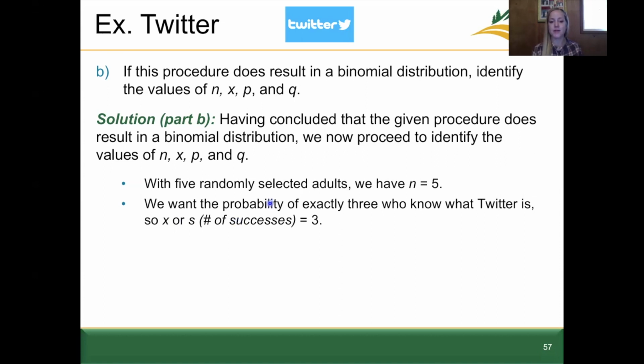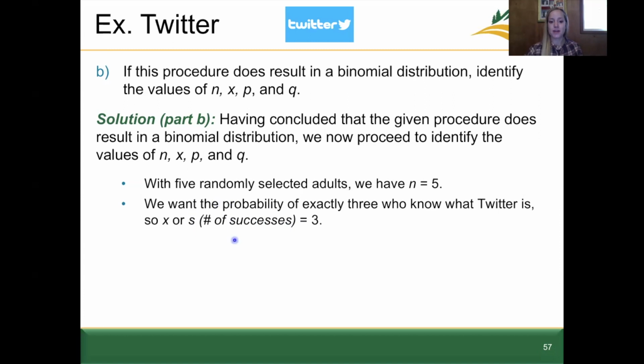Because we want to know the probability of exactly 3 people out of the 5 people we selected knowing what Twitter is, we're going to count the number of successes as 3. If 3 of them know what Twitter is, that's 1 success, 2 successes, and then a 3rd success. So far, n is equal to 5, and x or s, which we use interchangeably, is equal to 3.